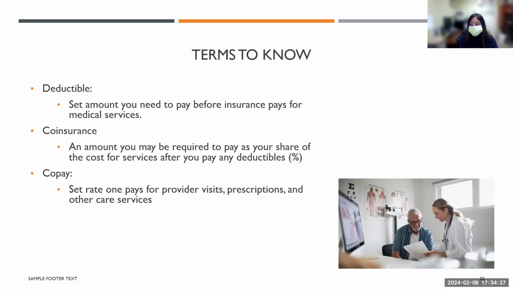After the visit or after the service, you will get a bill, and from that bill, it's a percentage of the service that you received. Again, different plans will have specific amounts of coinsurance or deductible, so it's very important to read everything about the plan before.